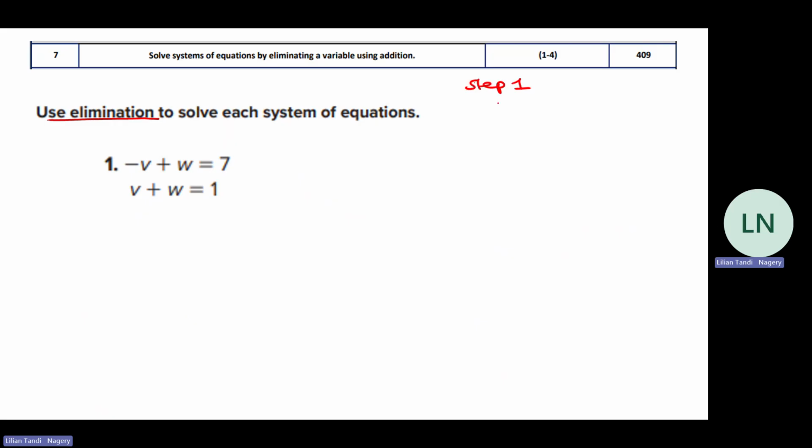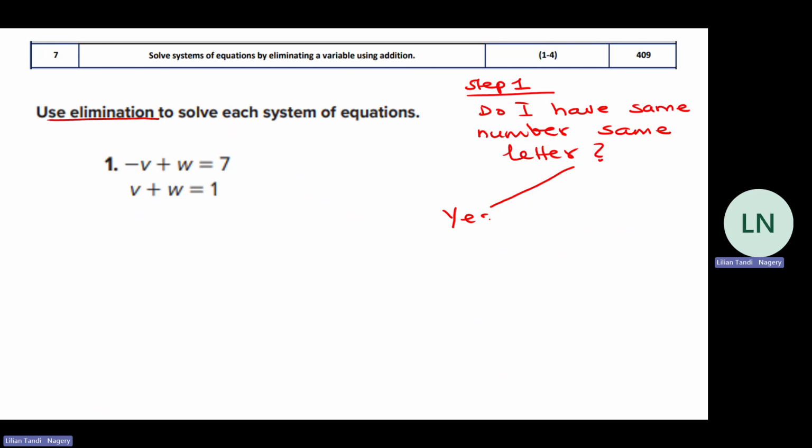Step 1, the question is, do I have same number, same letter? So the answer to this can be yes, or the answer can be no. If you say yes, do the 3 houses and solve.